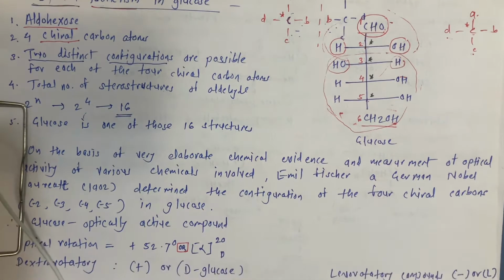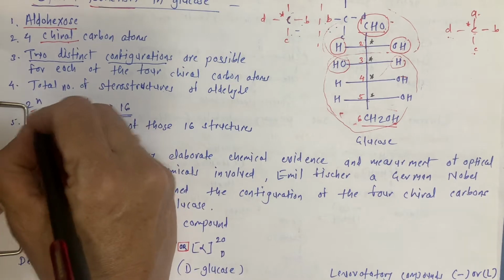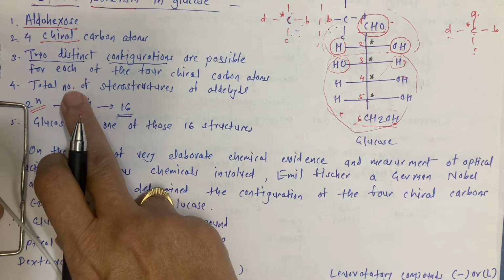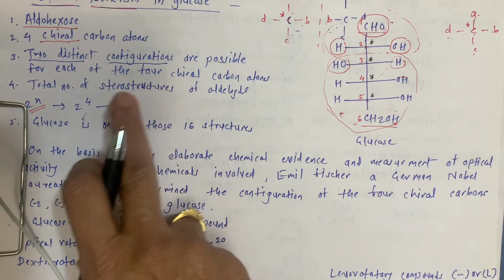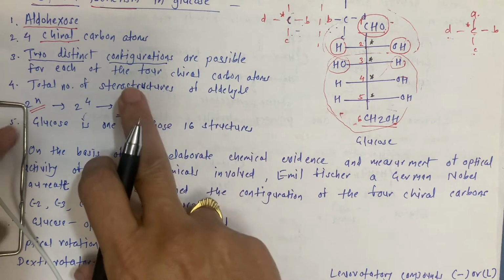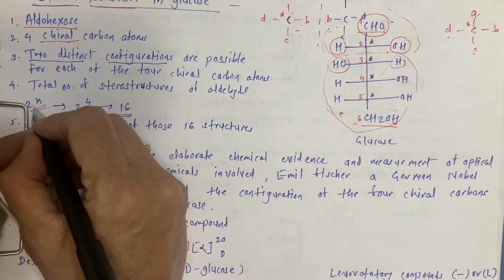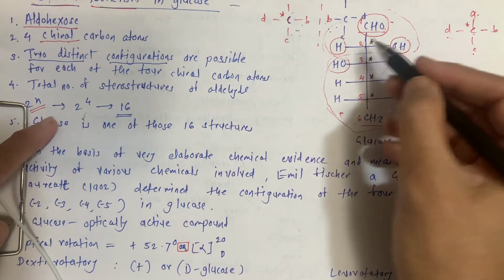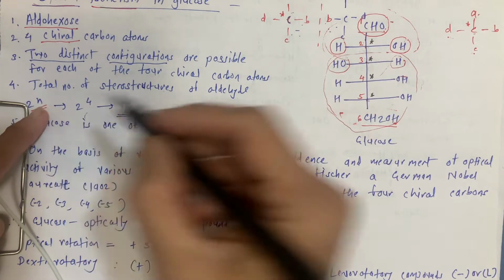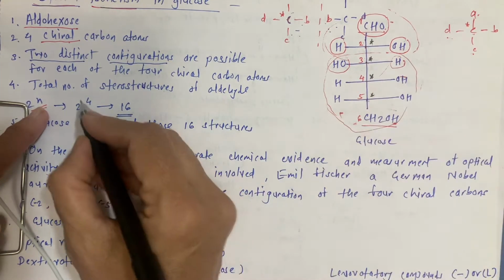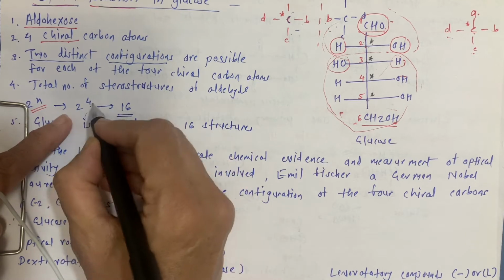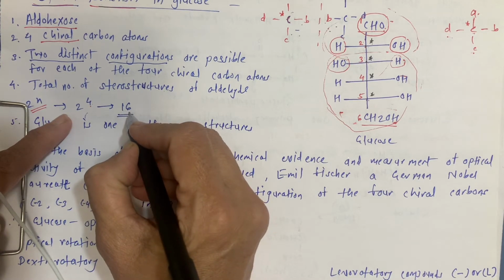Now we also know the formula to calculate the total number of stereo structures, that is stereoisomers, optical isomers, which is 2 raised to n, where n is the number of chiral carbon atoms. Here it is 1, 2, 3, 4, so we write 2 raised to 4, and total structures are 16.